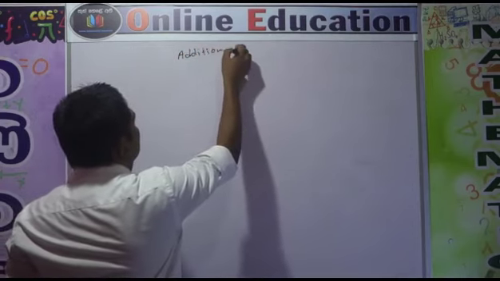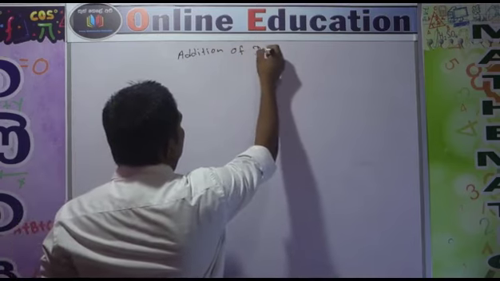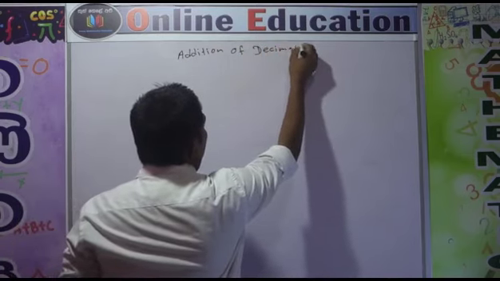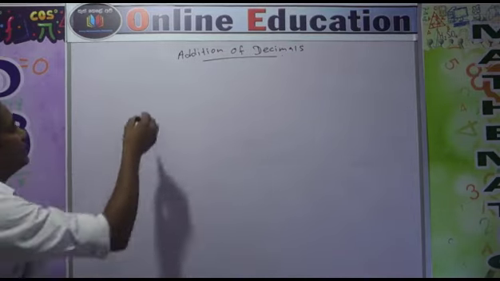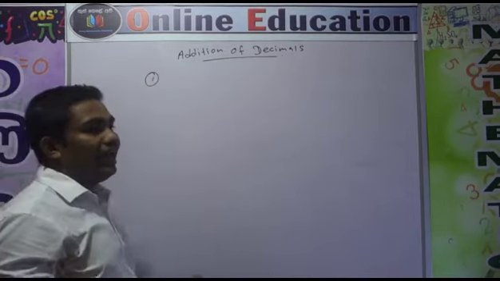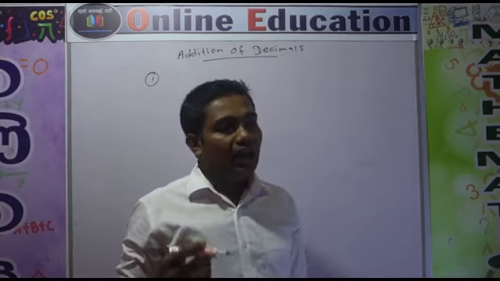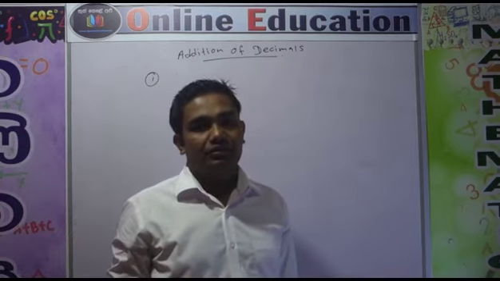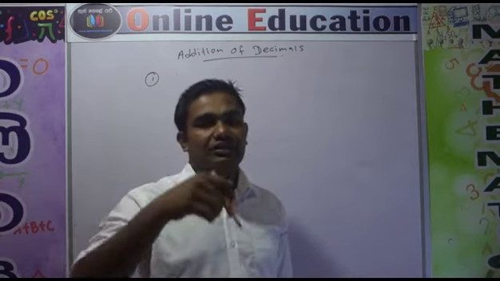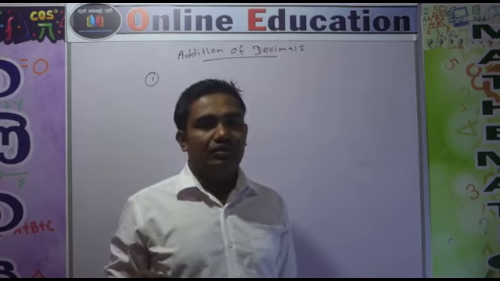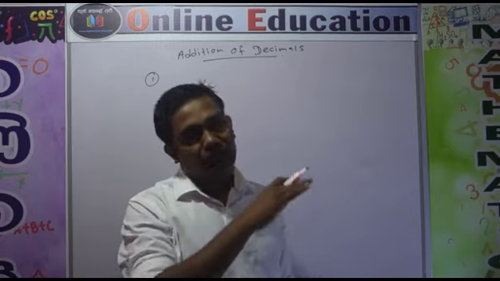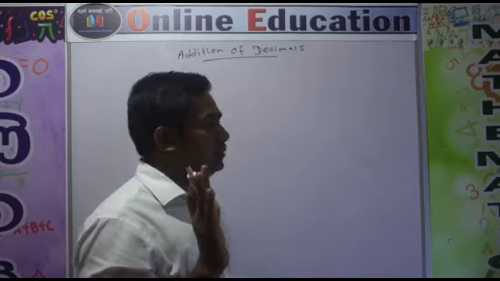Addition of decimals. The first example, if you can add numbers, as we discussed in the first video, this is also the same. If you can add numbers, definitely you can add the decimals also.